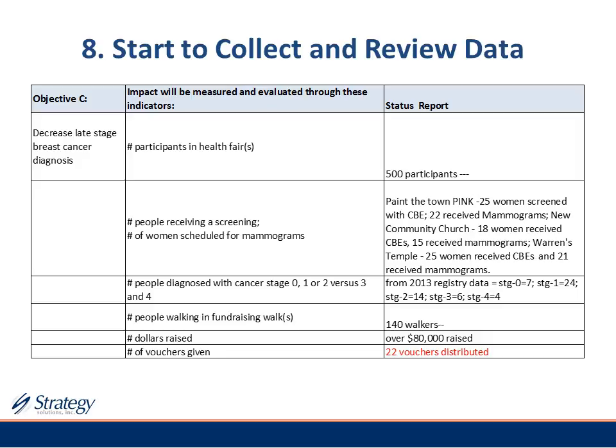And this particular hospital is actually looking at decreasing the number and percentage of people that were diagnosed at various stages, and the people walking in fundraising walks, dollars raised, and what they're actually enhancing this coming year to include what those dollars are being used for in terms of funding support programs for cancer patients who have barriers to access. So that's what they're using the dollars for, that this is going to be enhanced.